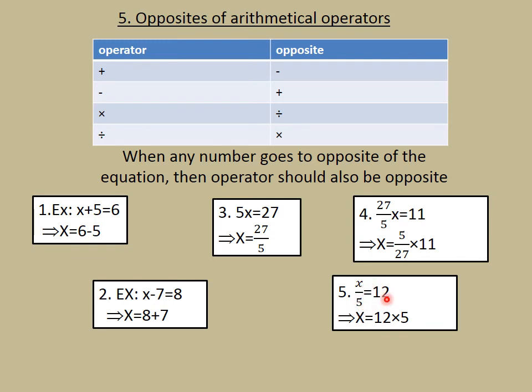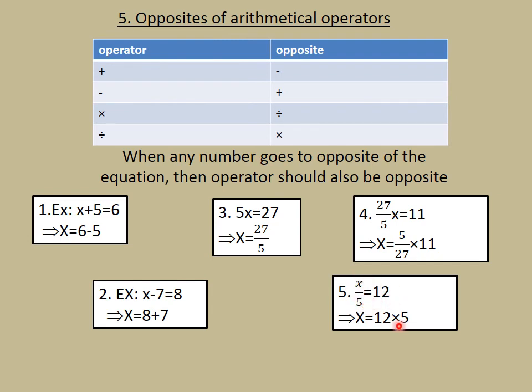x upon 5 is equal to 12. Now what I want to do is take this 5 to the right hand side. So what do I have to do? Here 5 is dividing x, so on the right hand side 12 should multiply, because it is dividing on the left hand side.